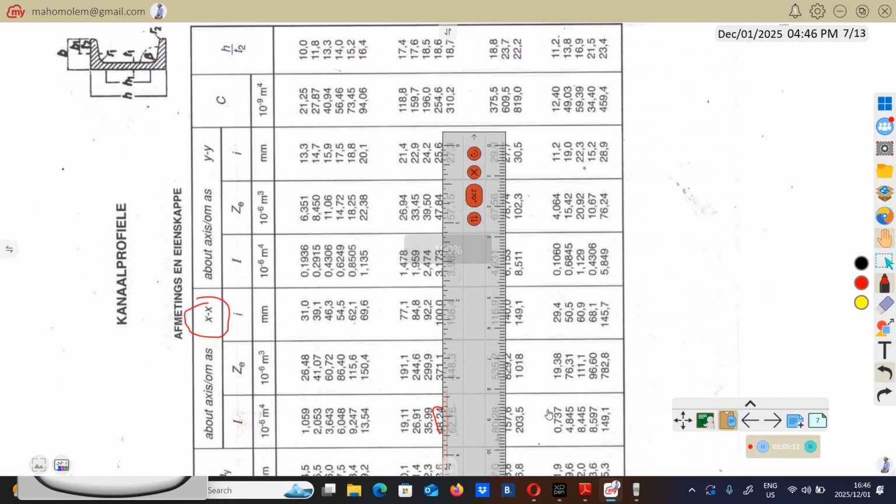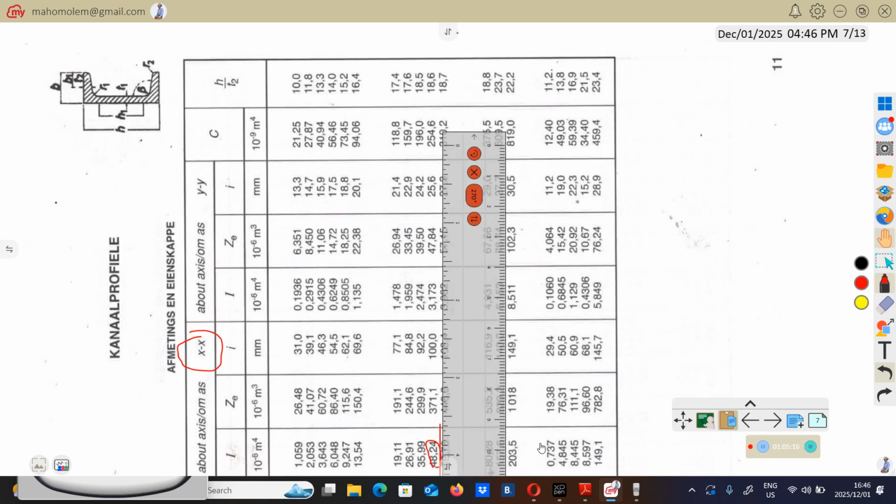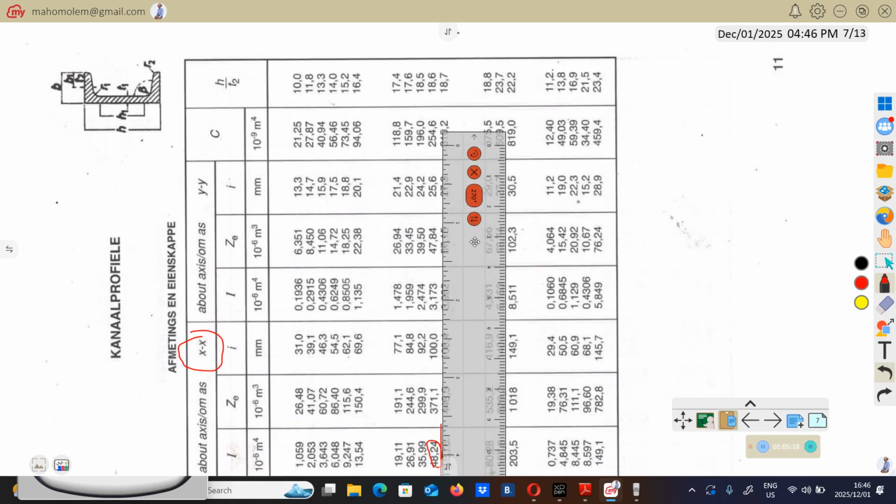Then we have another, IYY. It's going to be 3.17. IYY is 3.17, but we're not going to use this one since the axis parallel to that black line is going to be the x-axis.